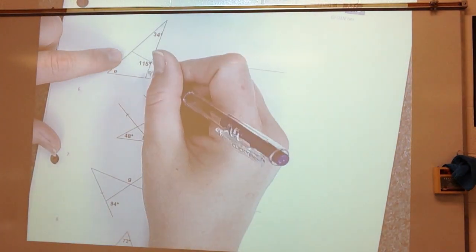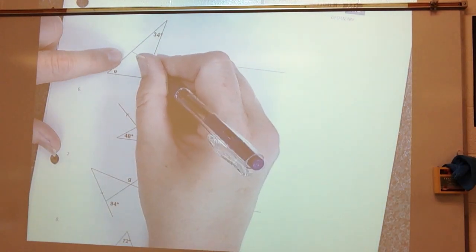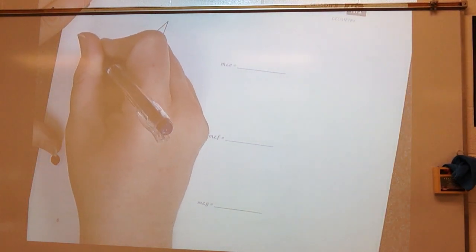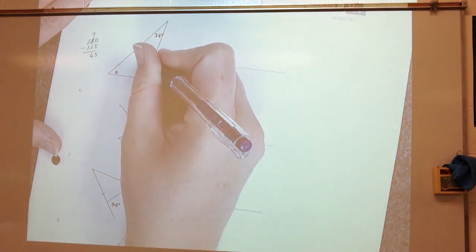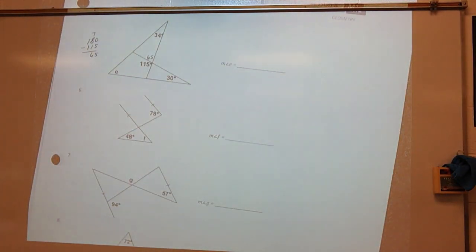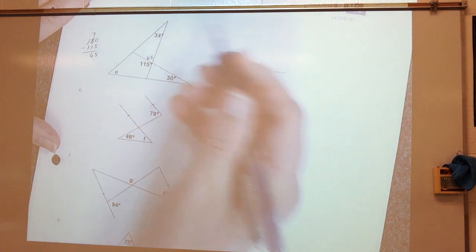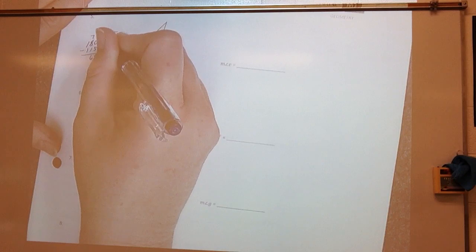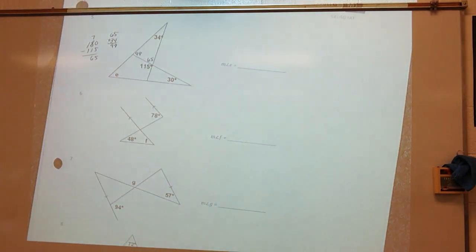All right, so linear pair, 180 minus 115 is 65 degrees. All right. So that means that 65 plus 34 gives me 99. All right.